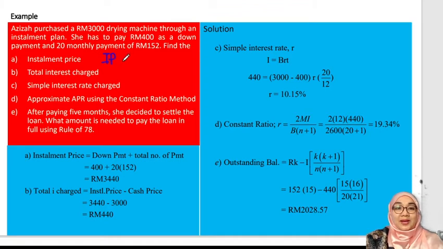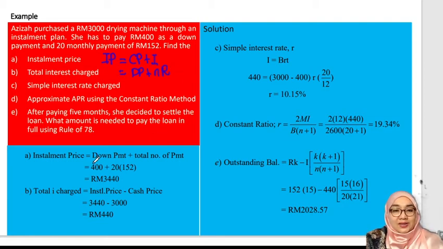Total payment that you have to make to get the drying machine 3,000 tadi. So termasuklah interest. So installment price equal to cash price plus total interest, ataupun down payment plus total number of payment. Okay, total number of payment.